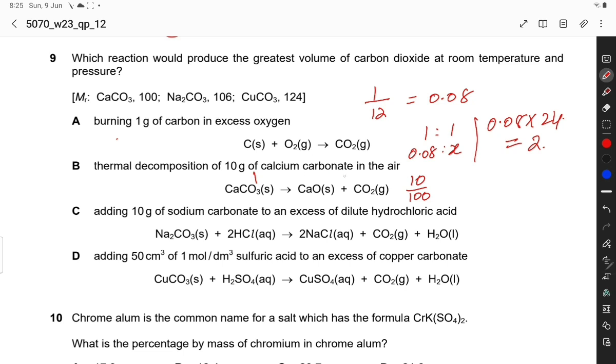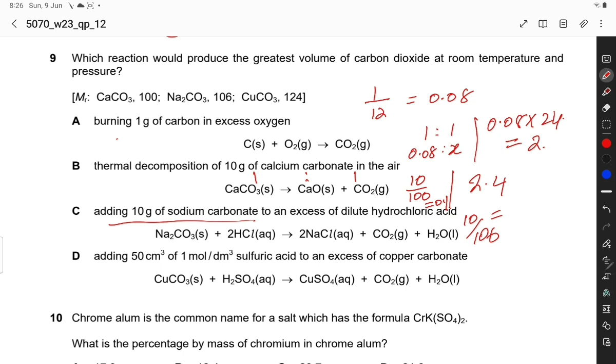There is a 1:1 ratio, so carbon dioxide mole is 0.1, and 0.1 into 24 is equal to 2.4 dm cubed. 10 gram of sodium carbonate, so 10 divided by 23 into 2 plus 12 plus 48 is equal to 106.